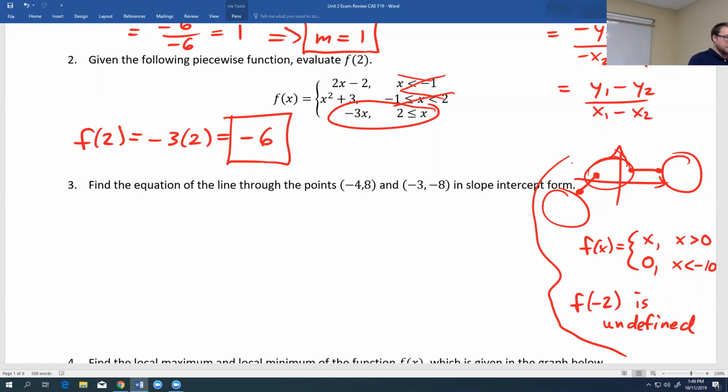Okay, so now they're giving me 2 points, and they want me to give them a line that goes through those 2 points. So if you give me 2 points, I can give you a line. We need the slope first, so we'll put our training wheels on.